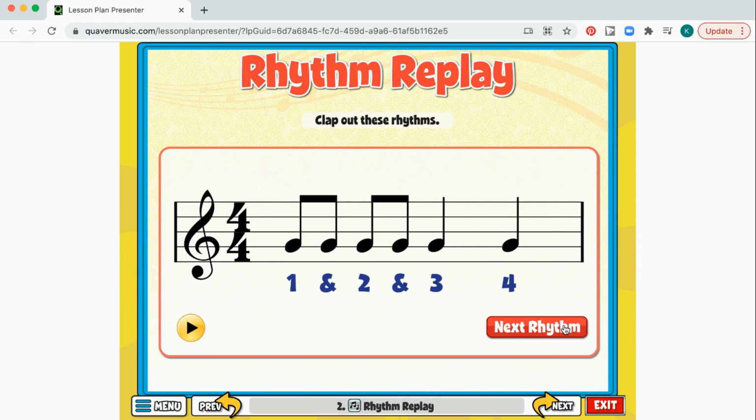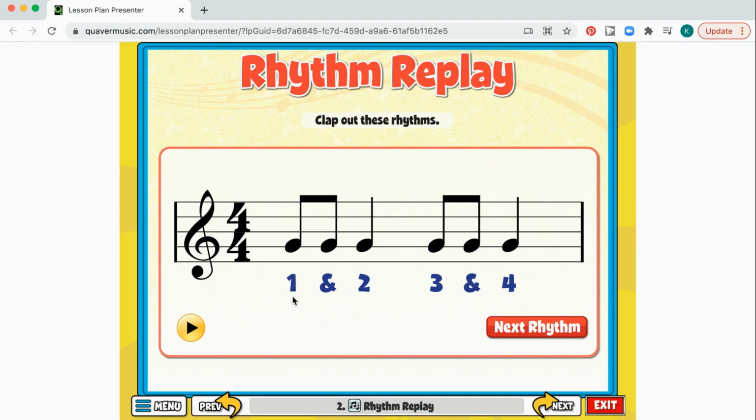Let's try the next rhythm. All right, in this rhythm, we have both quarter notes and eighth notes. We have an eighth note cluster, each getting half a beat, and then the quarter note, which gets 1 beat. Eighth note cluster, each note gets half a beat, and the quarter note gets 1 beat at the end.